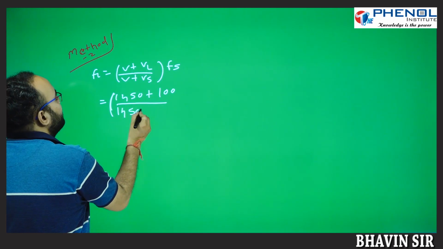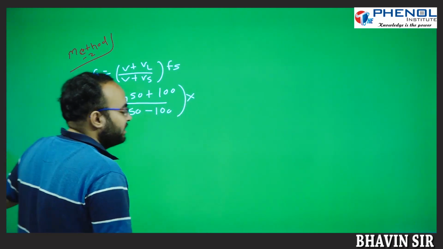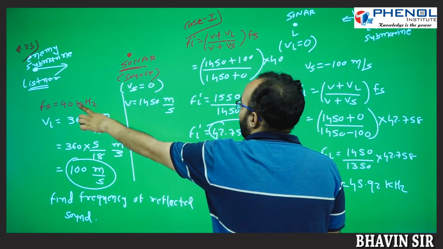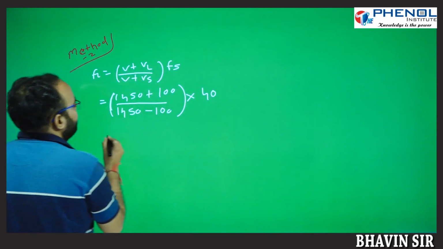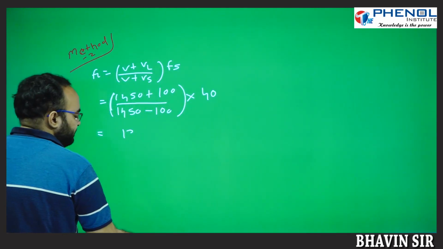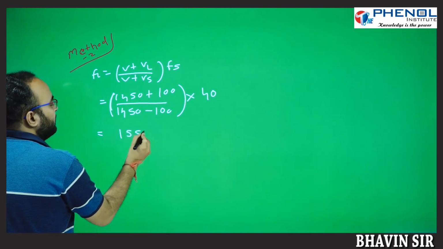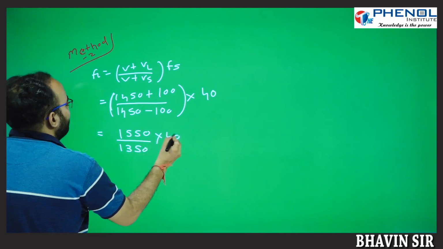So 1450 minus 100, and what is the original frequency that was transmitted? 40 kilohertz. So 1550 upon 1350 into 40.